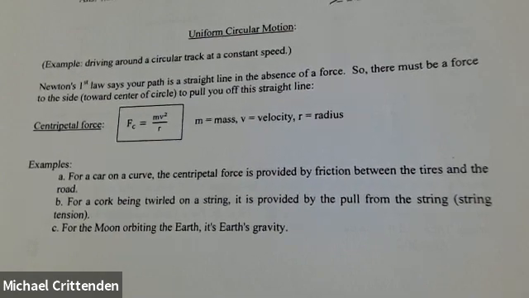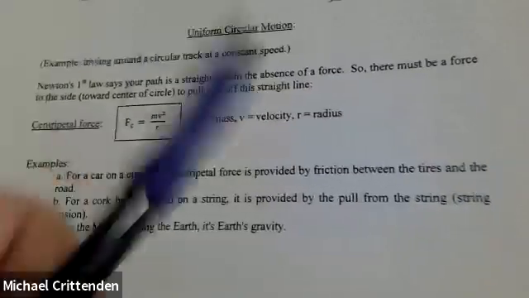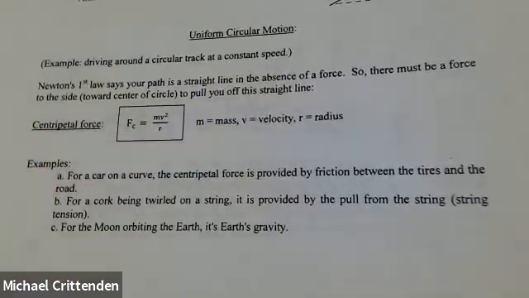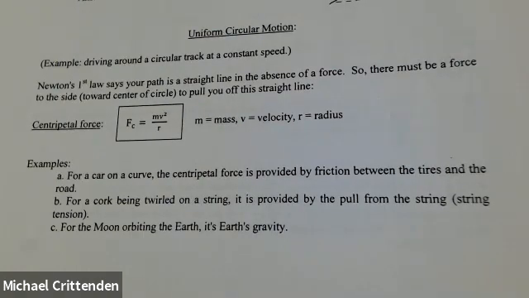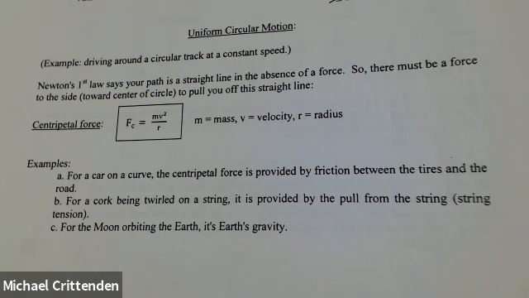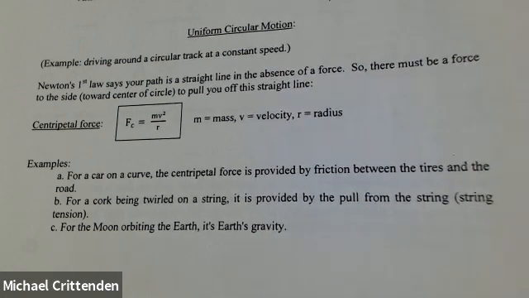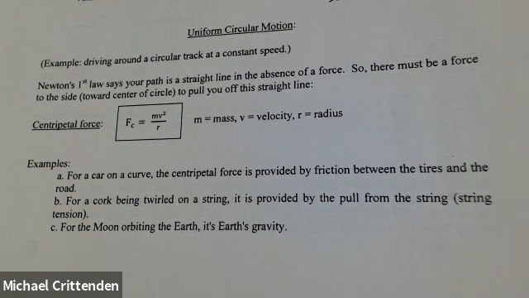In the absence of any force, an object in motion follows a straight line at a constant speed. And that straight line leads you into the ditch on the outside edge of the curve. So if you want your car to turn left and follow the curve, there has to be a force toward the left to pull you in that direction, a force across the direction of motion, okay?